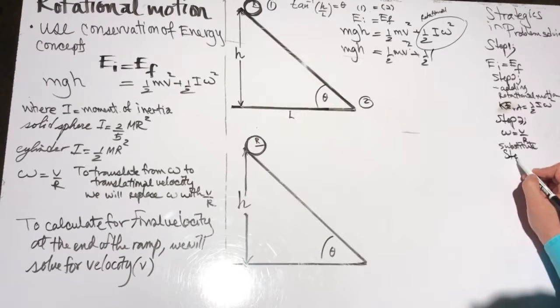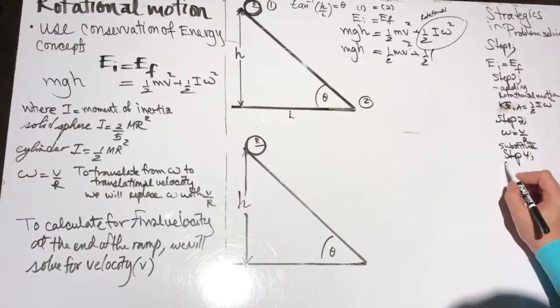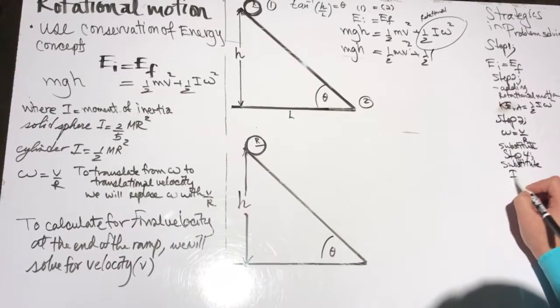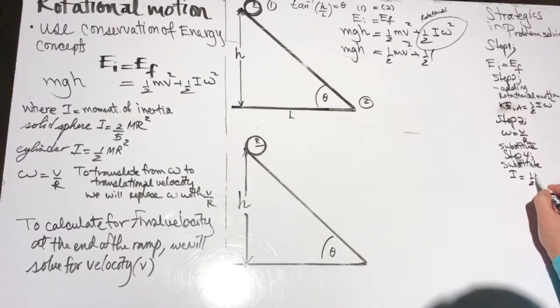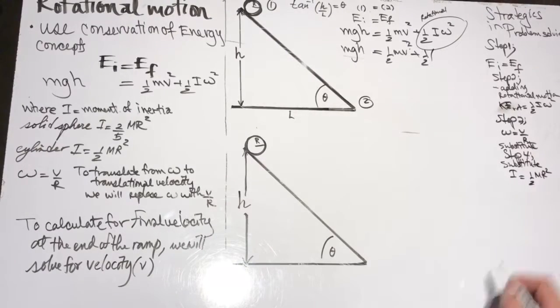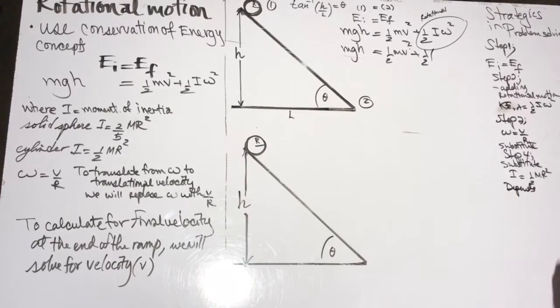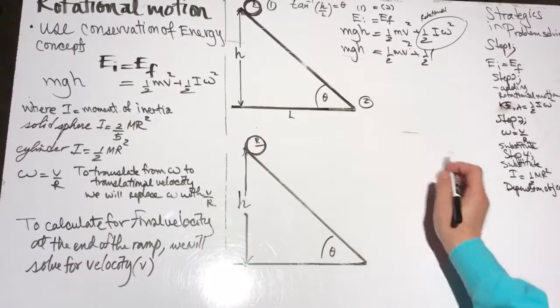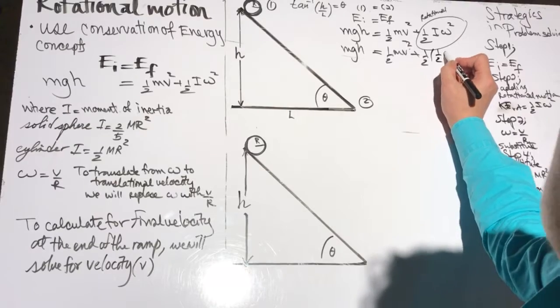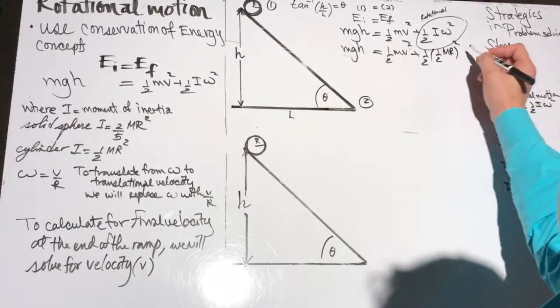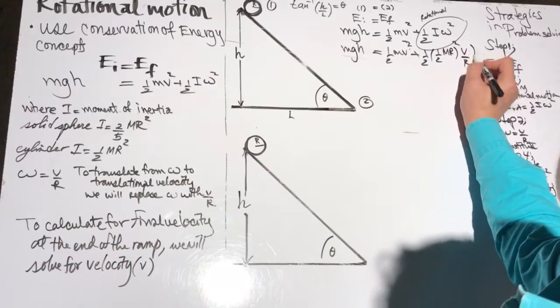And step 4, substitute the initial. So this one, it depends on the object. So for this one, I'm just going to go ahead and skip to step 4. And then this omega right here, I'm going to replace with velocity divided by radius squared.